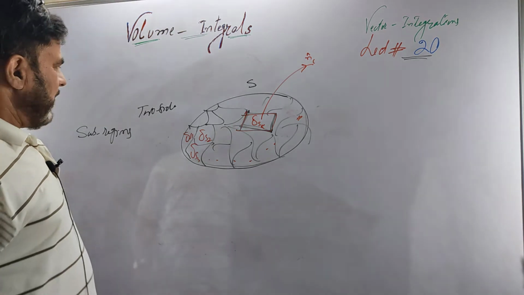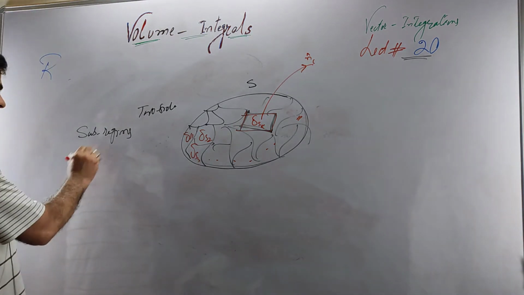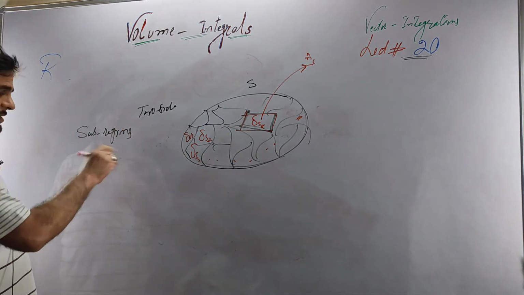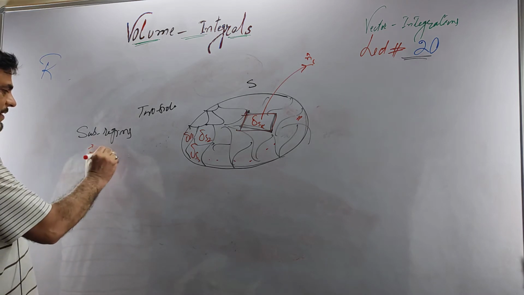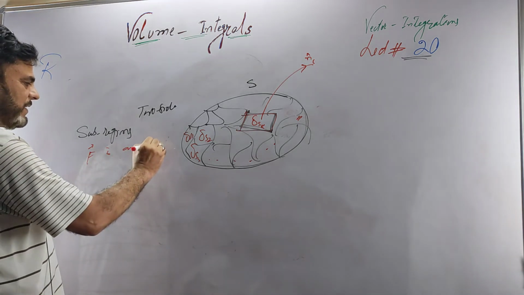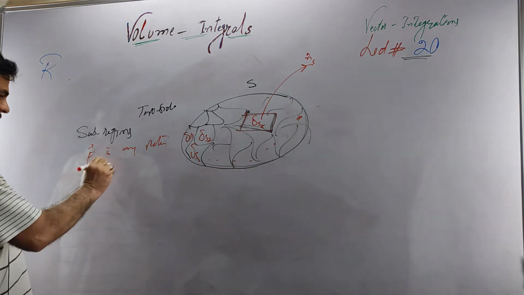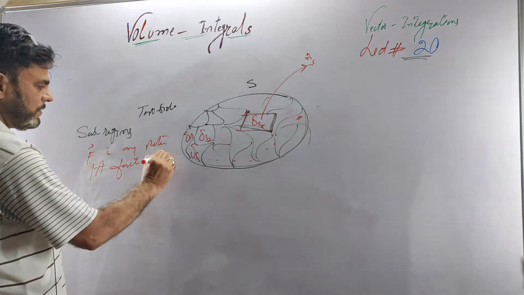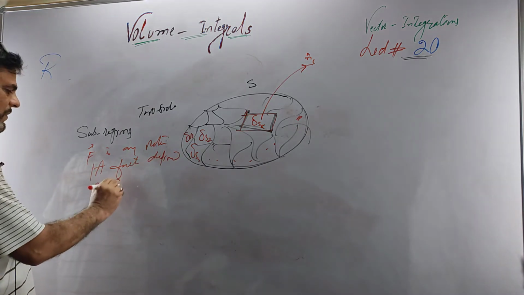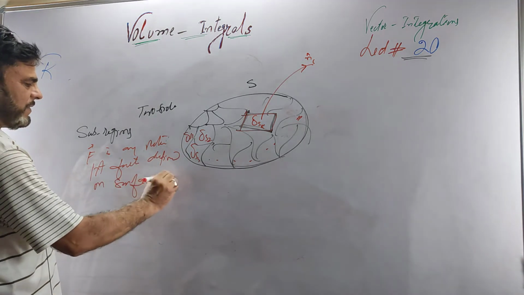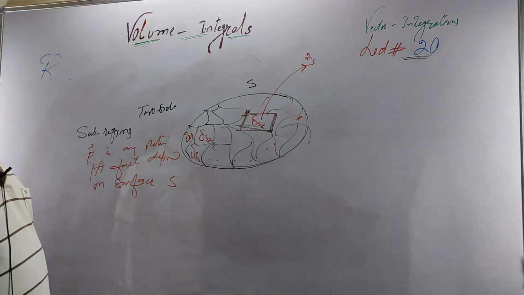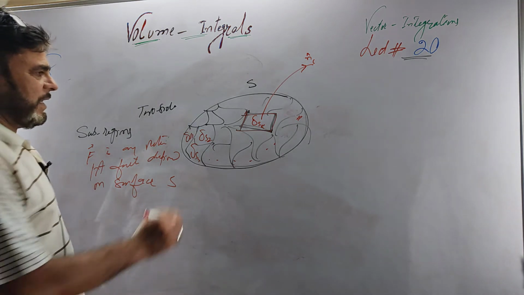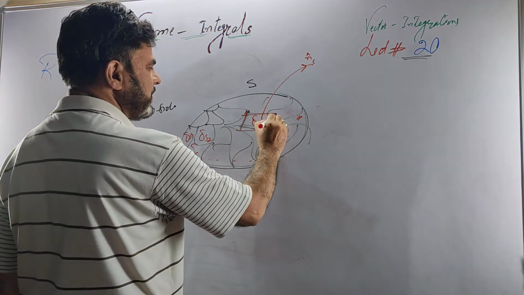Now, as in the previous case of the line integral, what was f? f is any vector point function. You can also take a scalar point function defined on surface S. Then you take any point here, say pi.